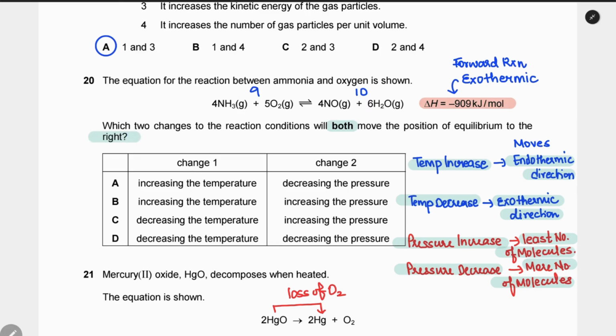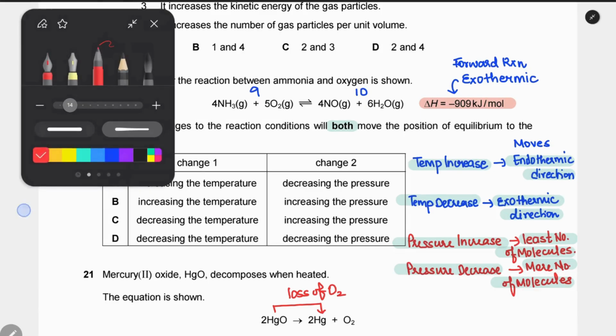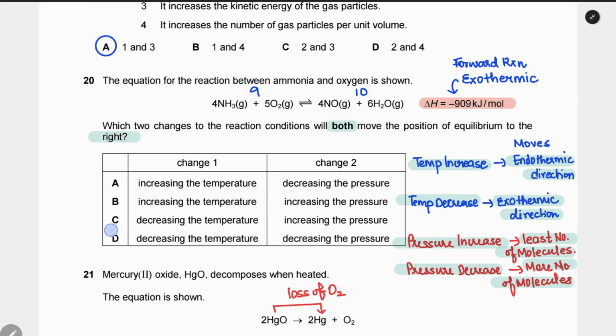So talking about this, we know that first, decreasing the temperature will favor the exothermic reaction. It moves towards the right because it favors the exothermic reaction only. Now talking about the pressure, we want the equilibrium to shift towards the right side.